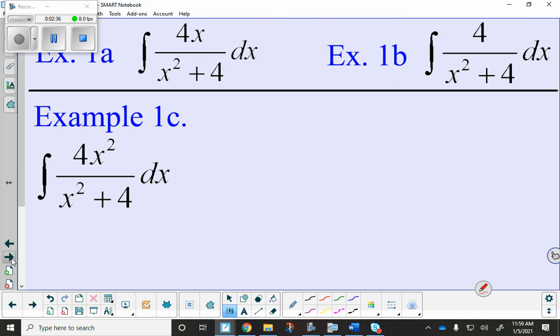And then I get to this one. Well, here's the thing. I have equal degrees in the numerator and the denominator. So the only thing I can do whenever I have equal degrees is start by doing some long division.